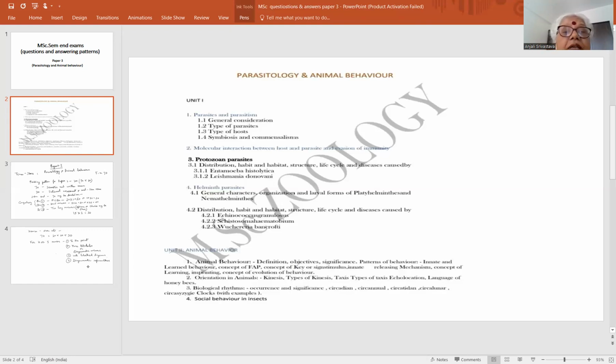So these are certain generalized short questions on parasites and parasitism, the first subtopic of Unit 1. Then the second topic is a very important topic, that is the molecular interaction between host and parasite and evasion of immunity. How parasites evade and invade the immune system, how they kill the immune system, the best example of which is cancer. So many kinds of short questions can come on that.